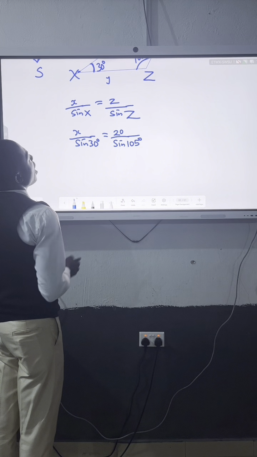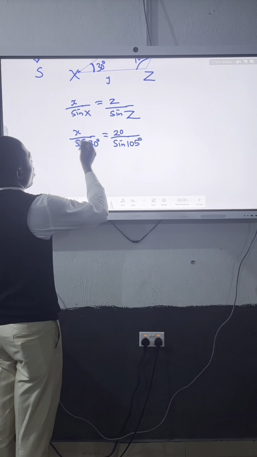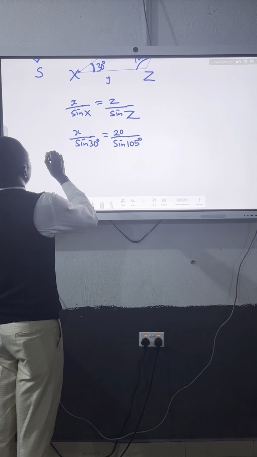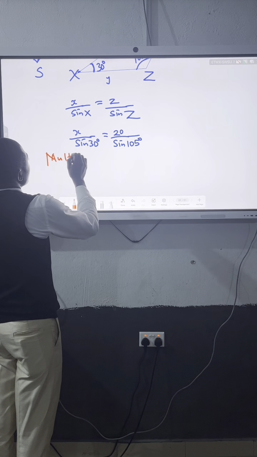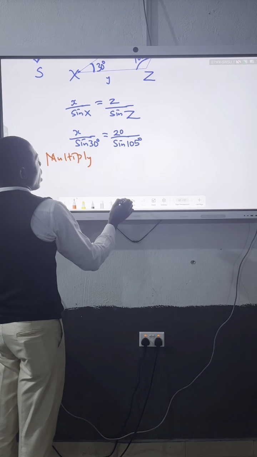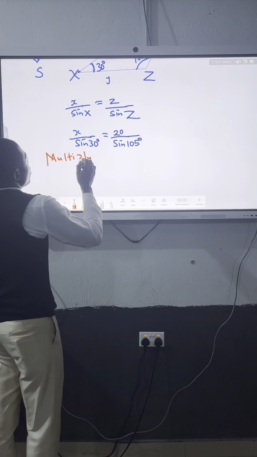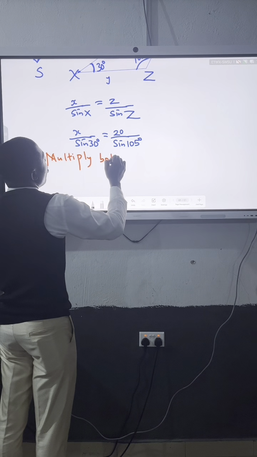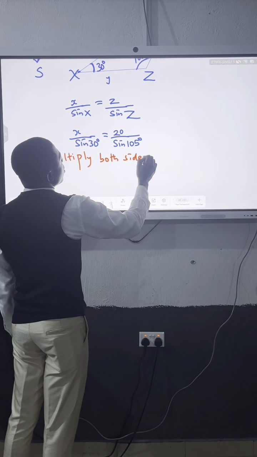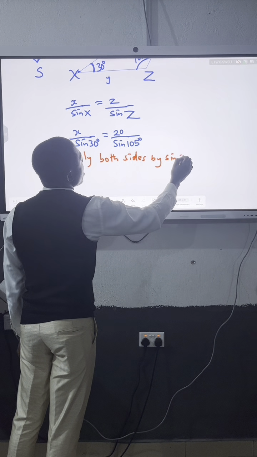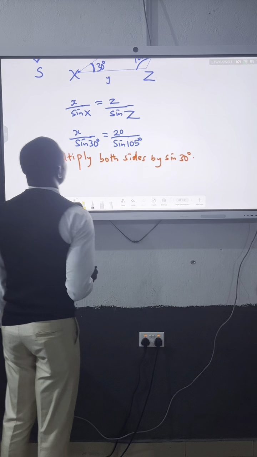Now, to get the value of x, what do we do? Just multiply both sides by sine 30, so that it will help you uproot this one that is here. If you do that, see what will happen.